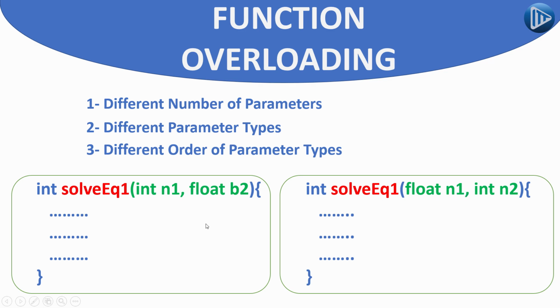The order is different, like the order of the types. This one first will accept an integer type and then second will accept a float type. But the second function over here will first accept a float type and then follow it by an integer type. So as you can see, we change the order of the parameter types. So this is the third way we can achieve function overloading.